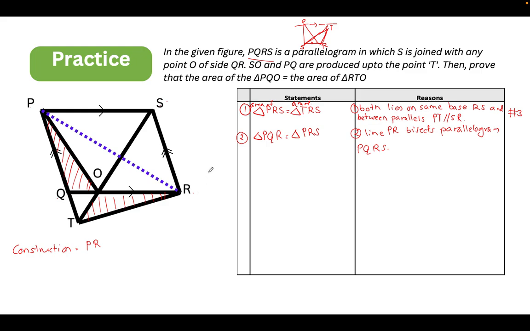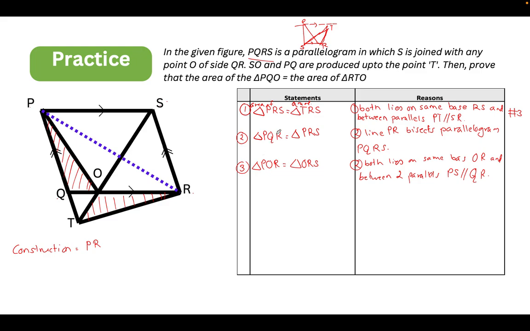Now here we will write: area of triangle POR is equal to area of triangle ORS. Why? The reason is simple, because both lie on the same base OR and between two parallels, PS parallel to QR. So this is the reason.